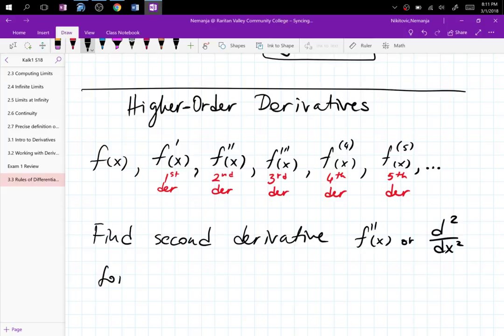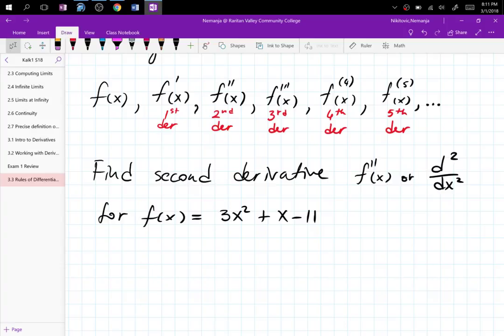If I need a second derivative, I have to get the first derivative first. So f prime of x is 6x plus 1. Are we all green on 6x plus 1? Derivative of negative 11 is? Because it's constant, there is no change, therefore 0.